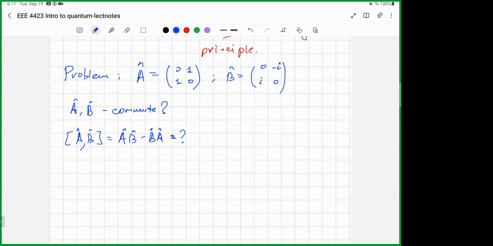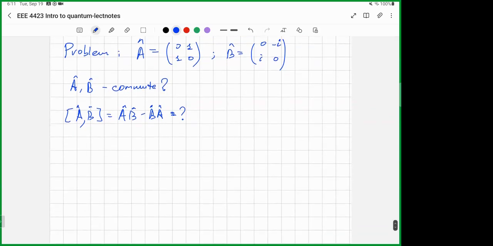If not, they don't commute. So to do so, let's take the product of matrices A and B. The result will be another 2 by 2 matrix. So it's 0, 1, 1, 0 times 0, minus I, I, 0.